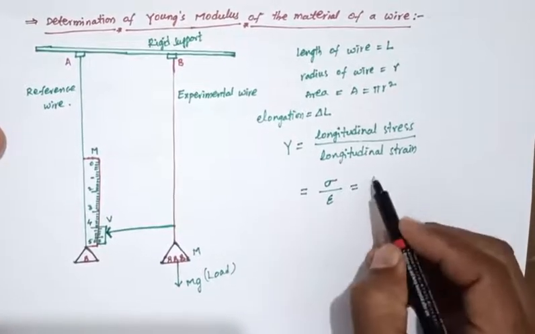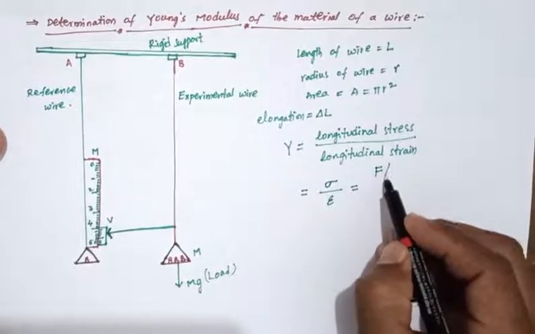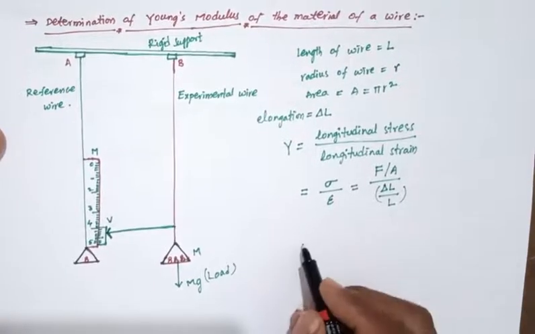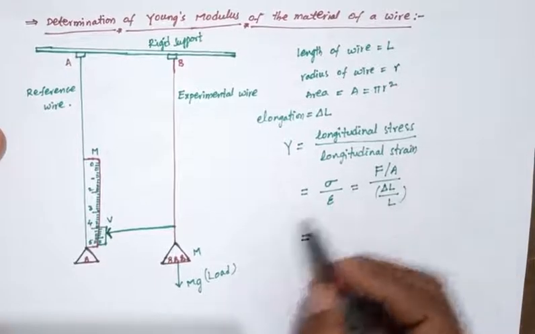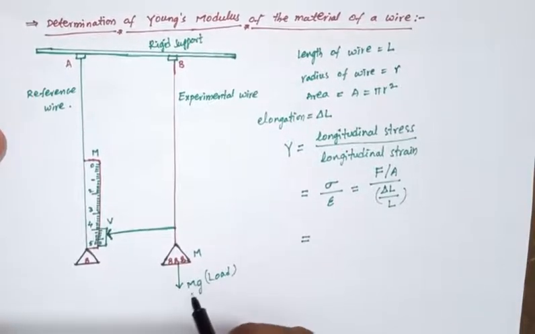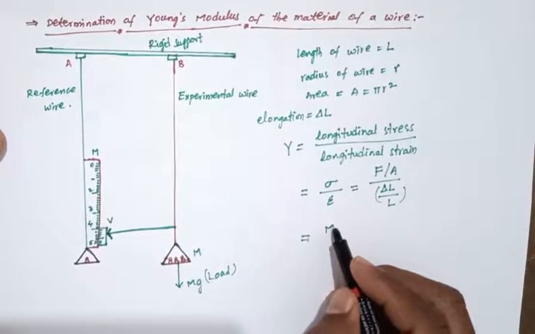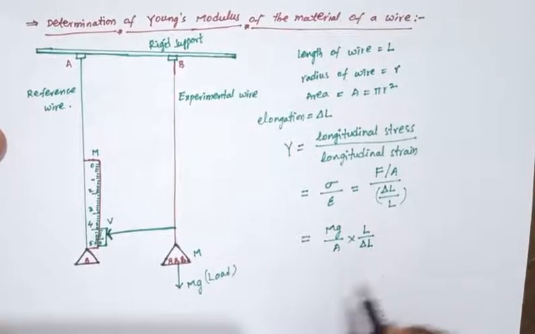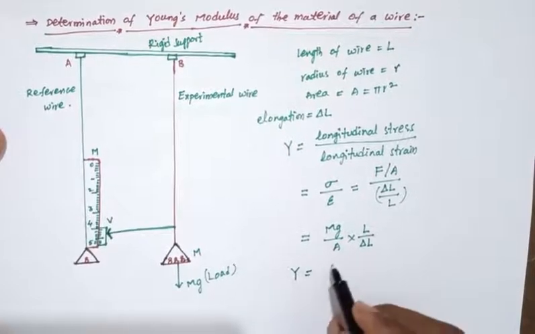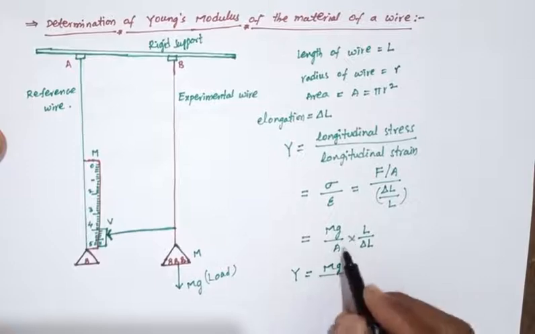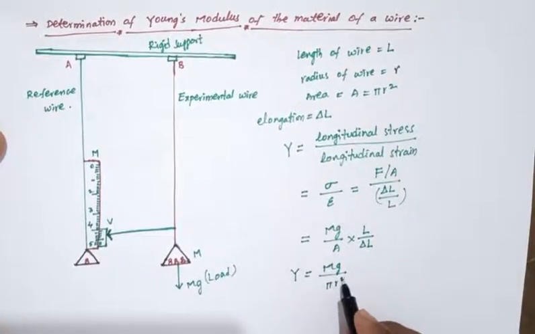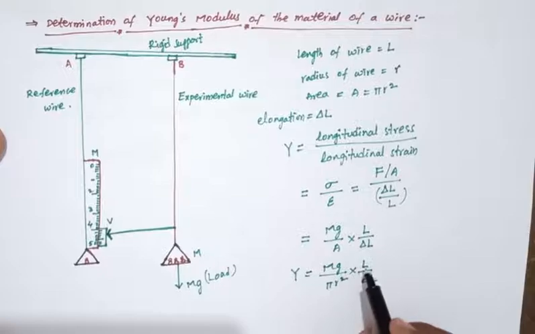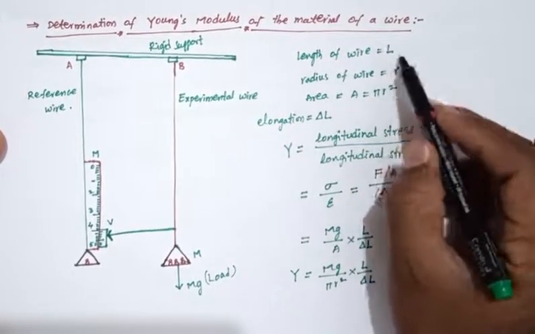Sigma equals force by area, divided by strain, delta L by L. The force is the gravitational force acting downward, F equals m into g, divided by A, into L by delta L. So Y equals mg by A, where A equals pi r square, the area of the wire, into L by delta L. L is the initial length of the wire.